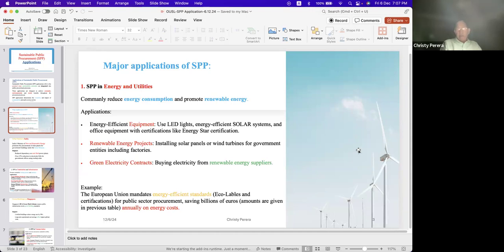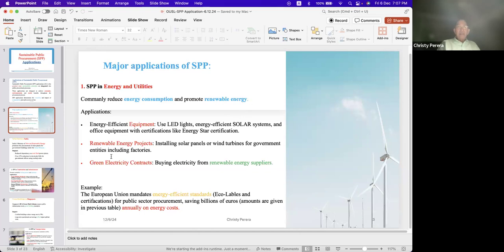Now you are aware, if you have come for these lessons. Now we'll see what the applications are, how to reduce energy consumption and promote renewable energy.